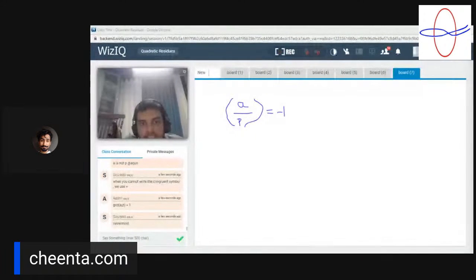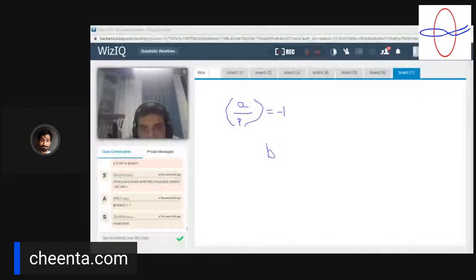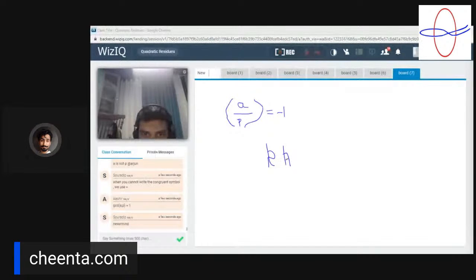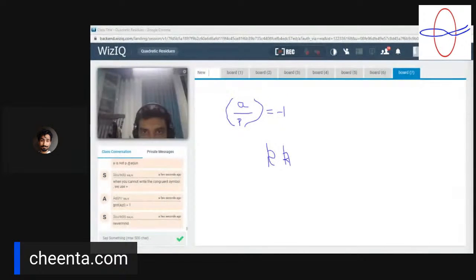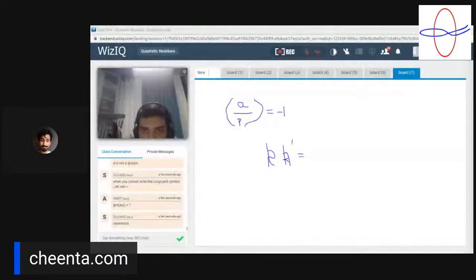For any value k, you have a pair of integers such that k times k prime is congruent to a mod p.